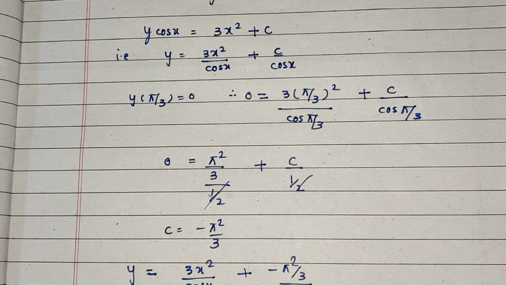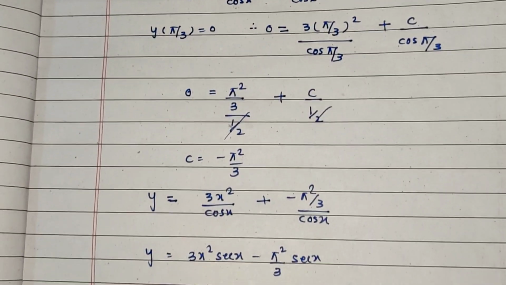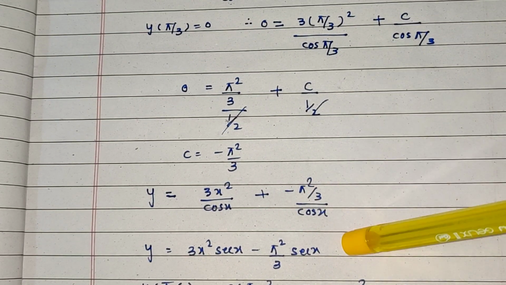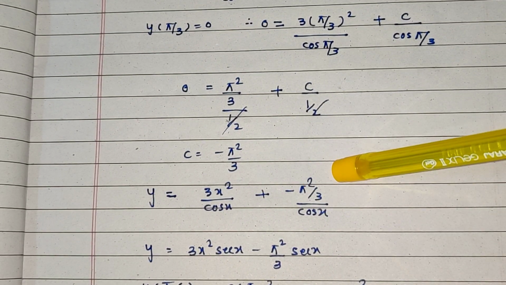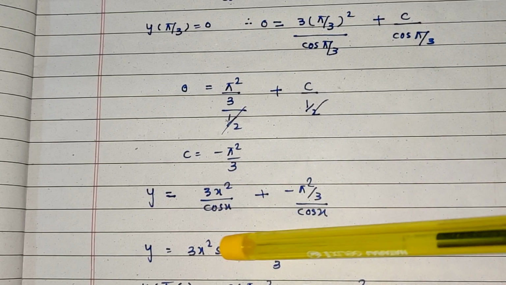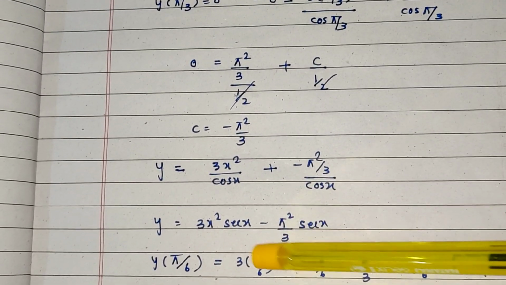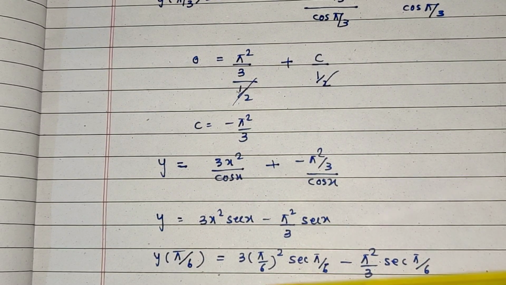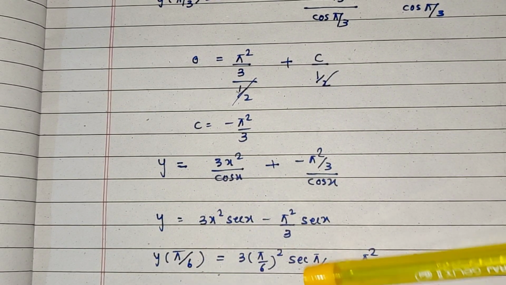Substitute c in the equation. y is equal to 3x square upon cos x plus c upon cos x, that is minus pi square upon 3 cos x, that is sec x, and this is also sec x. y of pi by 6 is required.